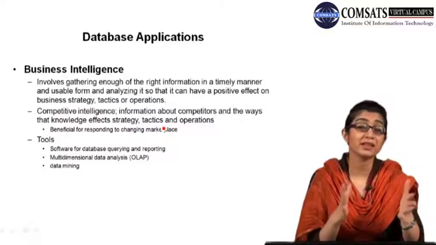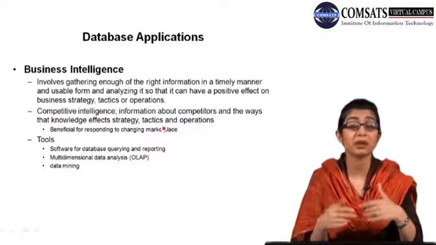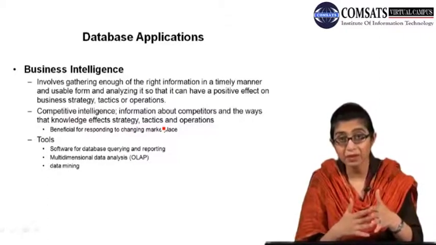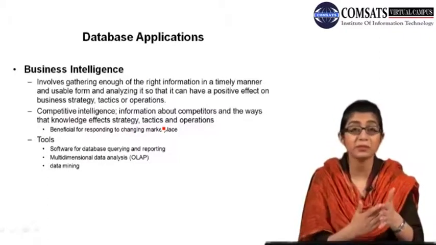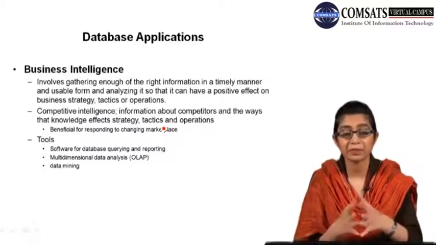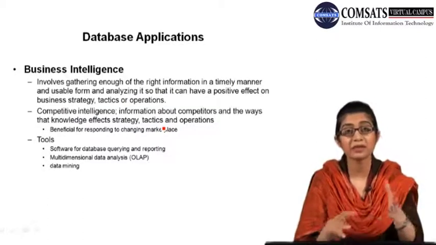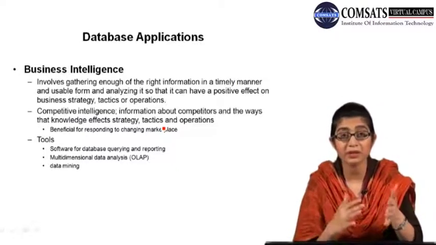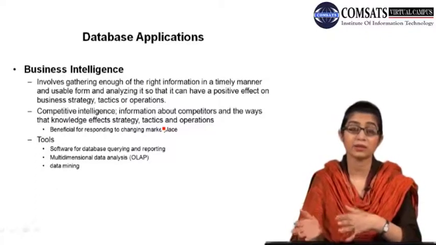So basically, here the point comes in again: when we talked about information, it has to be the right information in the right format and in a timely manner, so that it can be analyzed and have a positive effect on the business strategy, tactics and operations.